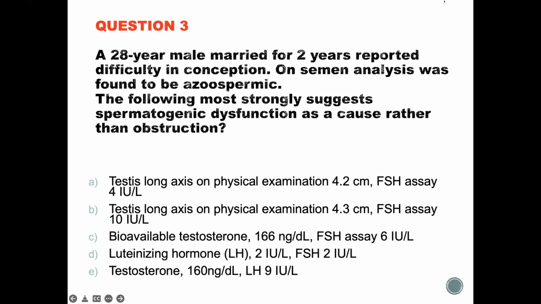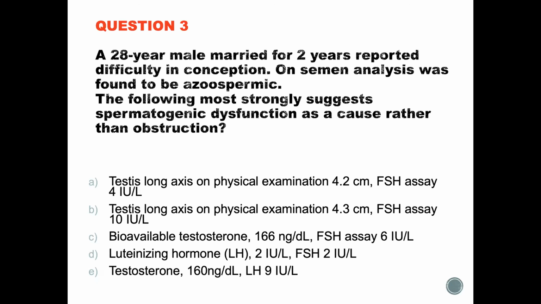This is a classic case of what we were talking about, maturation arrest. FSH normal values are usually considered at 12, but from an obstructive azoospermia point of view, the cutoff should be somewhere near 6. So if you have any value above 6, think more towards maturation arrest.